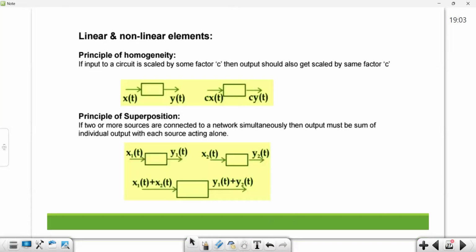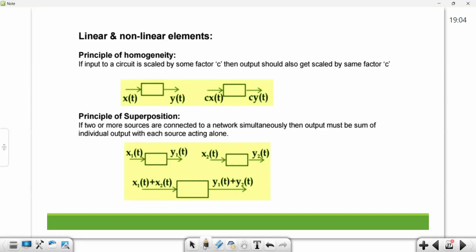Now, first we are going to see what is linear and what is non-linear. Linear elements are those which follow the principle of homogeneity and superposition. It has to follow both. If it is following the principle of homogeneity and superposition, then we can call it linear. Now, what is homogeneity?